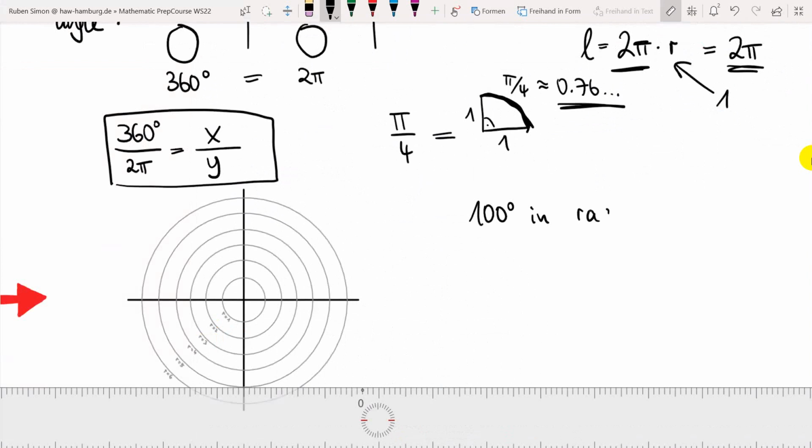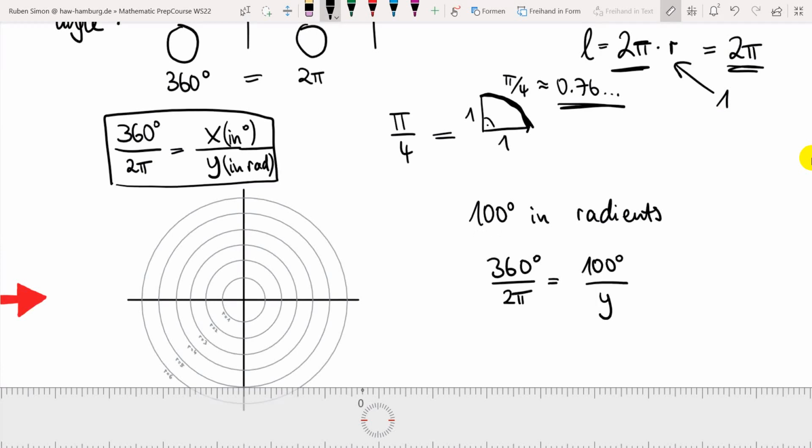you could just put 100 degrees. So this would be in degrees and this would be in radians. If you want to convert 100 degrees into radians, you could just fill this into your proportion equation. And this would be like this.